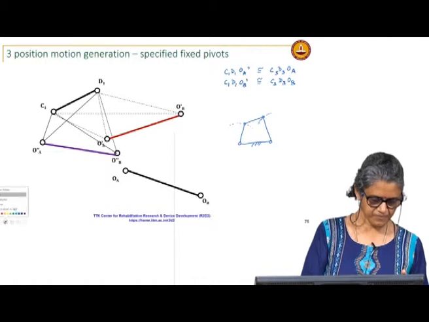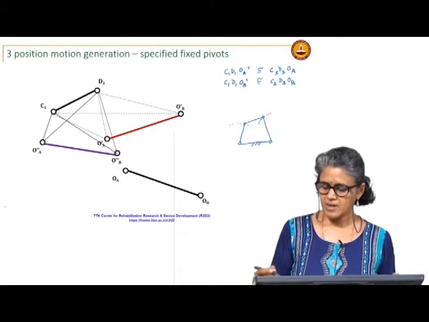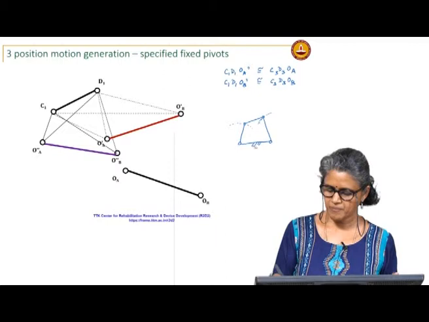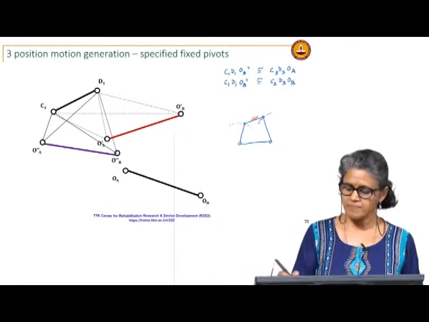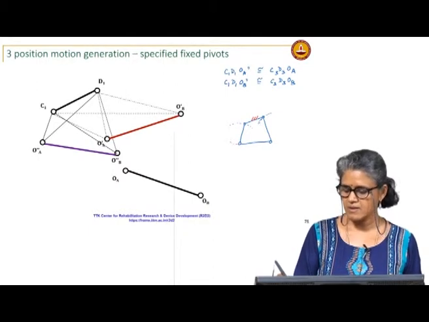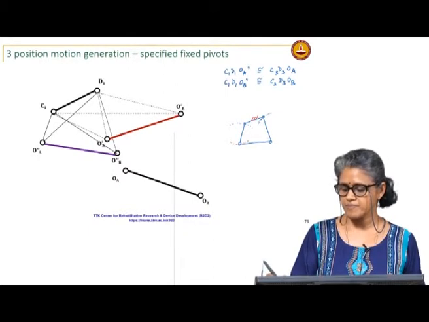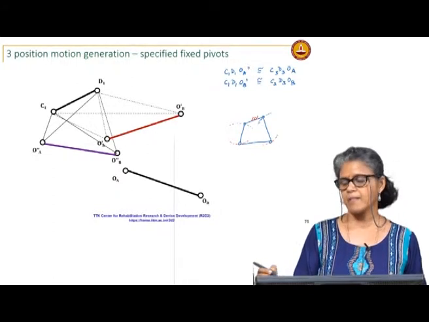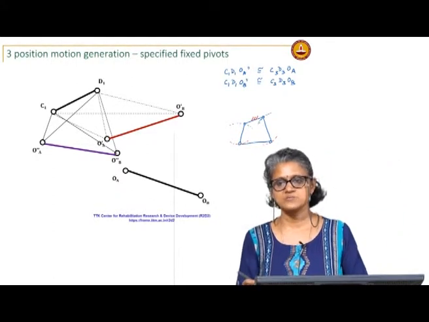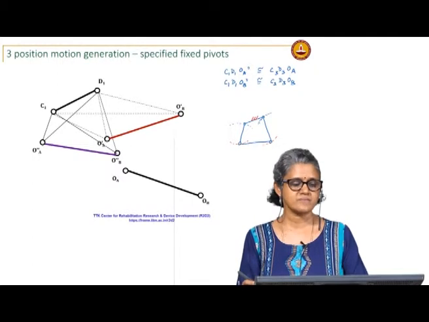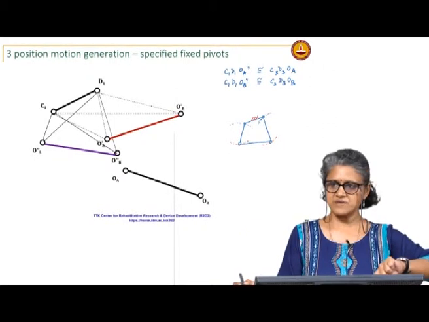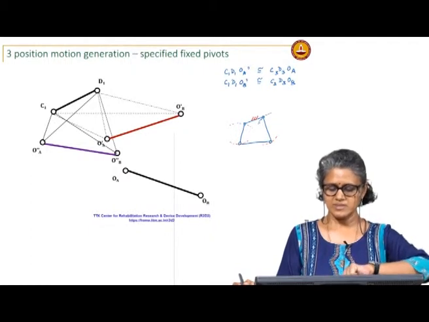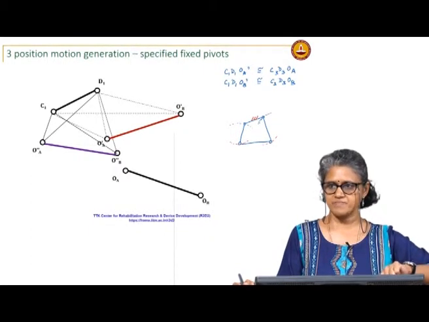Instead, if I fix this, okay, this is going to move with respect to those pivots in circular arcs. So, essentially, okay, I sat on this as the fixed link, and this moved from this to this to this.